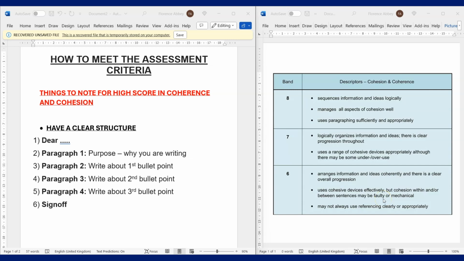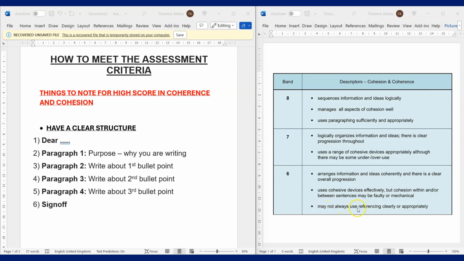So the person uses only one form of cohesive device, maybe 'and', or that is the only linking word the person knows. You don't know how to link words differently, but use one form of cohesive device for your ideas between sentences.